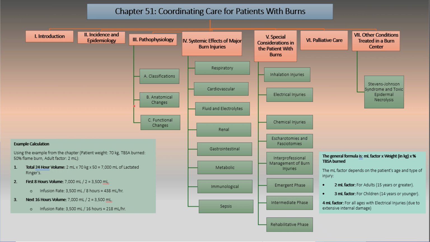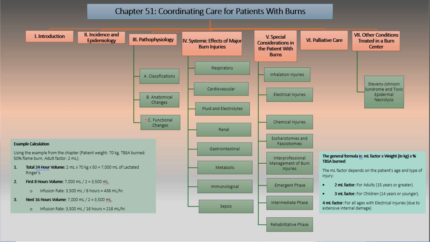For anatomical changes, they have concentric zones of burns, like zone of coagulation, zone of stasis, zone of hyperemia. Functional changes, risk for long-term morbidity in functional areas: face, hands, feet, major joints.